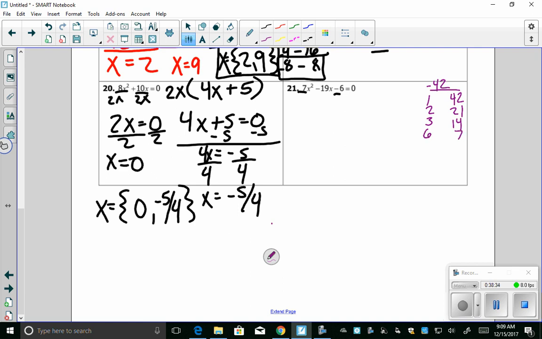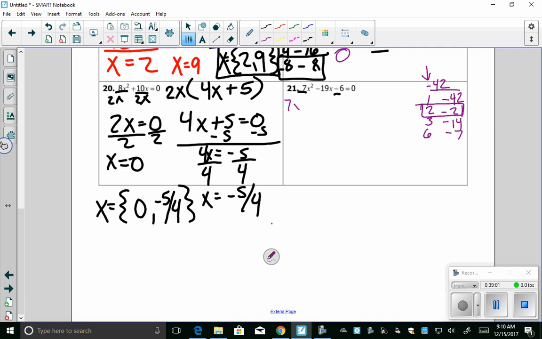Okay, because this is a negative, my signs are going to be different, and the bigger number takes the sign of the middle number. So my bigger numbers are going to be negative. Factors of negative 42 that will add to give me negative 19. Your answer is 2 and negative 21.